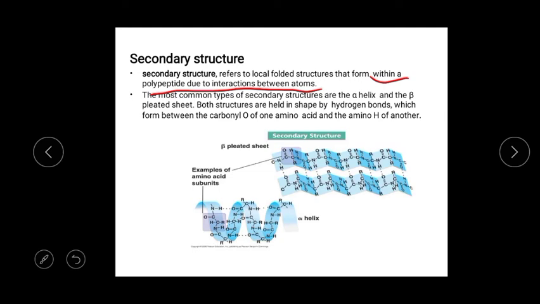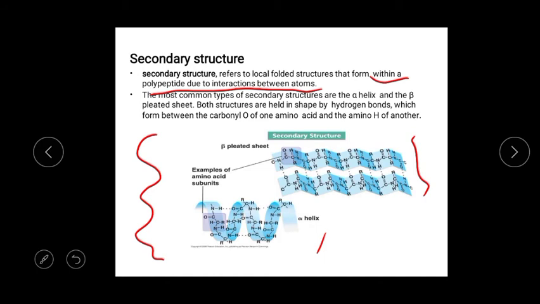Both structures are held in shape by hydrogen bonds. Here you can see the beta pleated structure and the alpha helix structure. Alpha helix is a helix-like structure, and beta pleated is a sheet-like structure. Here it is due to hydrogen bonding.